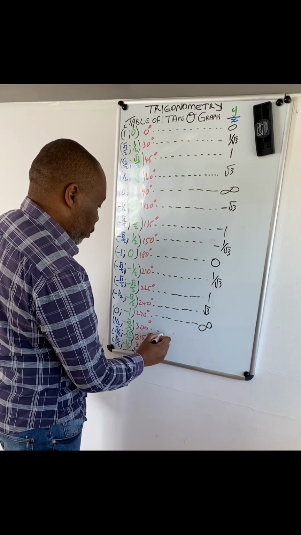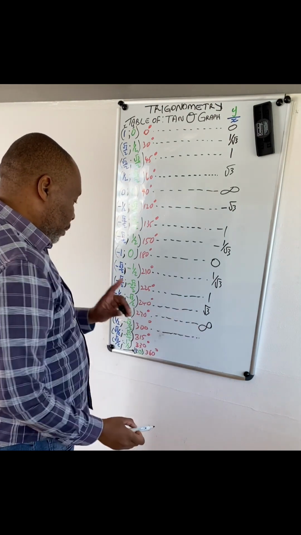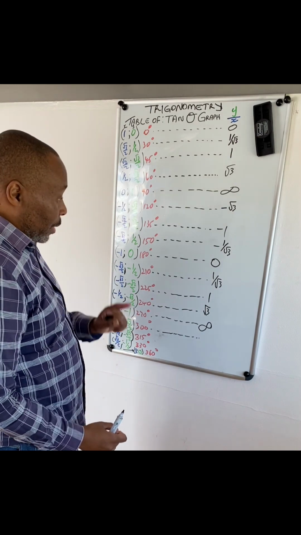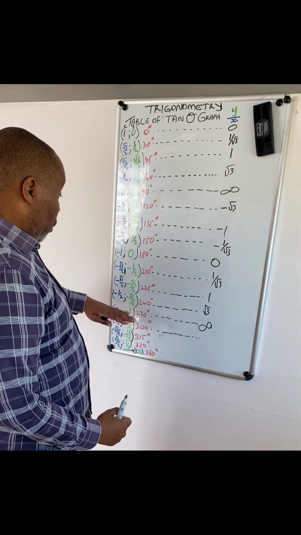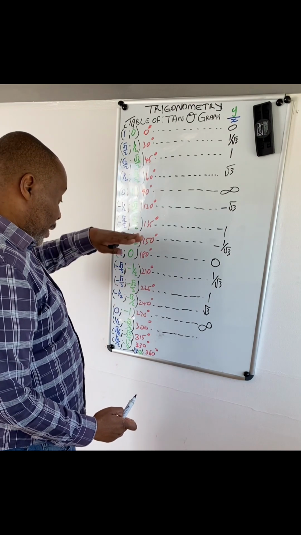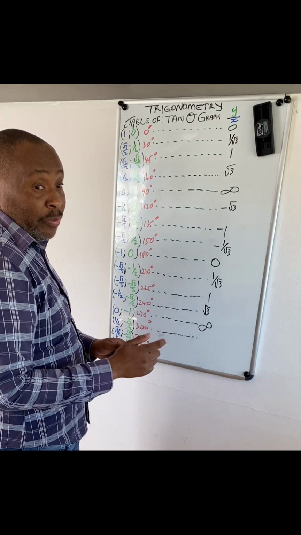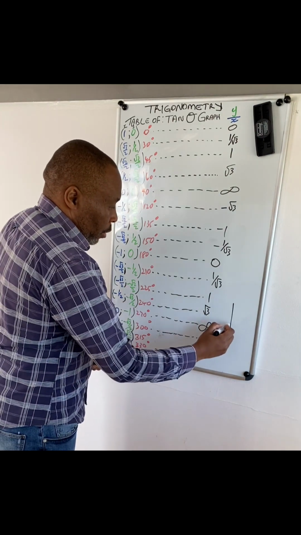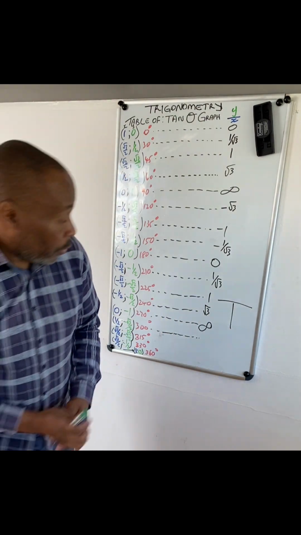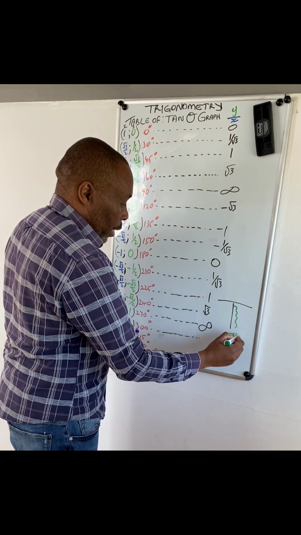Let's do 300. 300 would take us to root 3, but remember, we are in the fourth quadrant, therefore tangent is negative in the fourth quadrant. Once we've passed 270, we are in the fourth quadrant. The y value is negative on this side.